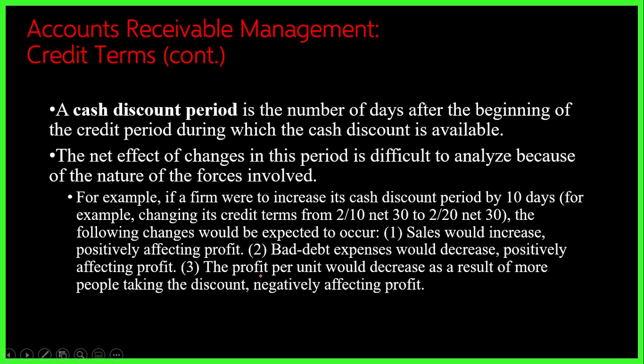Okay. Ayun. Cash discount period is the number of days after beginning the credit period during which the cash discount is available. So in this case, this is your cash discount. If you have 2/10 as your discount terms, 10 days is your cash discount period. Okay, so what will now be the effects, if this one will be increased? Sabi niya, a firm was to increase its cash discount period. What will happen?